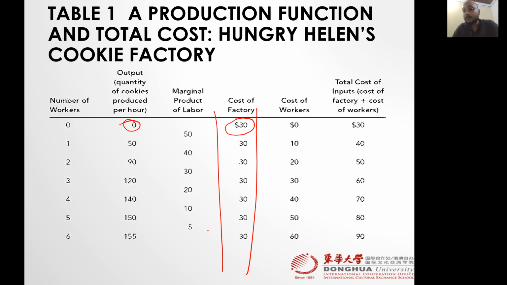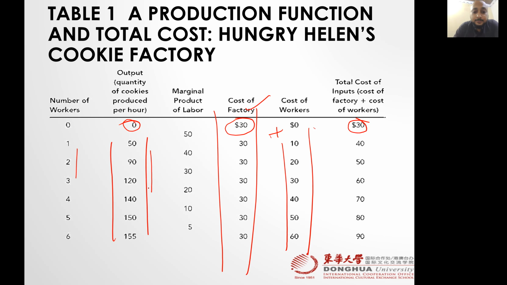So this is fixed cost. And total cost is equal to variable cost plus fixed cost. So that's why total cost is 30 here. And the cost which does vary with the level of output, as output increases, this cost also increases. We call this variable cost. And total cost is the addition of fixed plus variable.